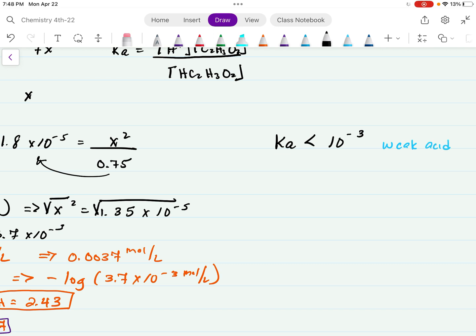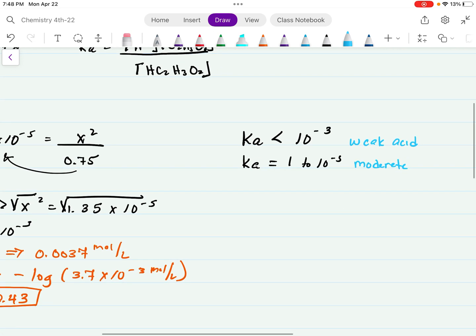If the Ka is about 1 to 10 to the negative 3 in range, then that is a moderate acid. Okay, and if your Ka is greater than 1, then you have a strong acid.